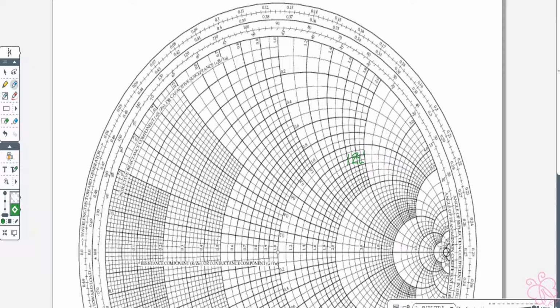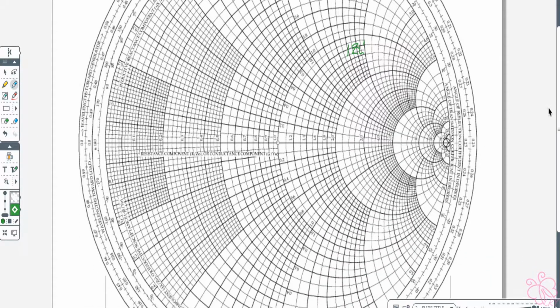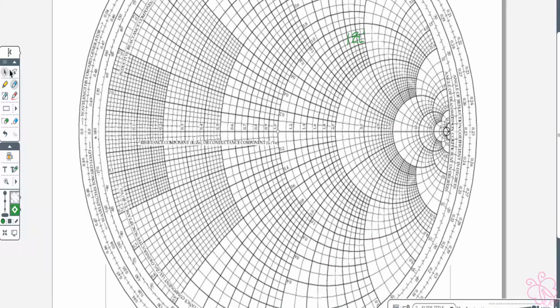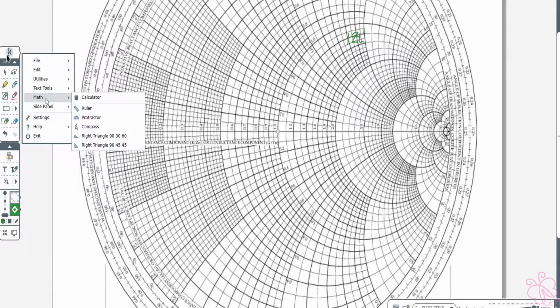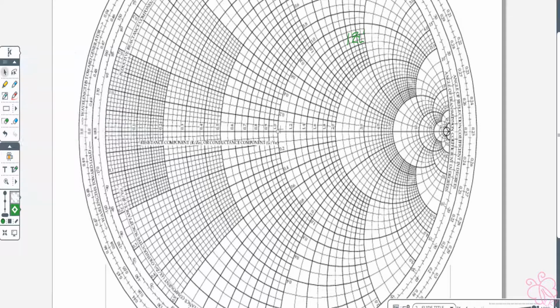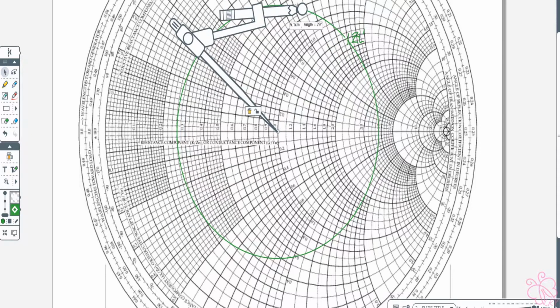So what you want to do is draw the VSWR circle from Z0 to ZL prime. Use your compass, put it at our Z0, which is our 1.0, and put the other end of the compass at ZL, and then draw the VSWR circle.